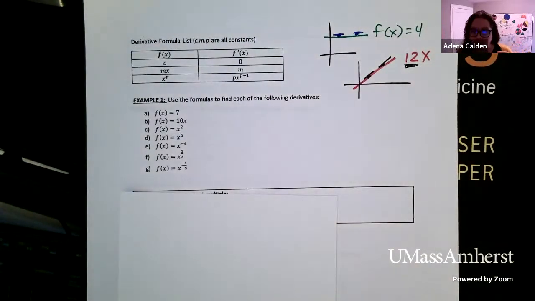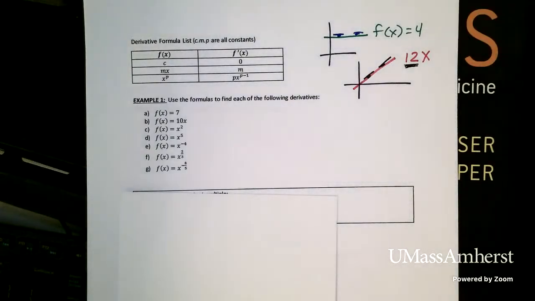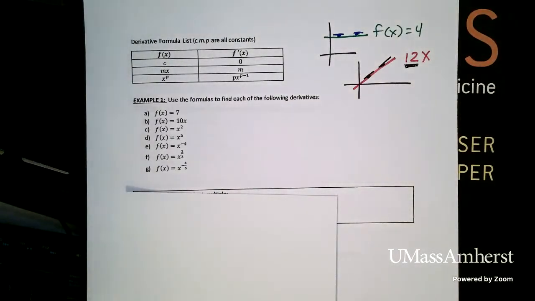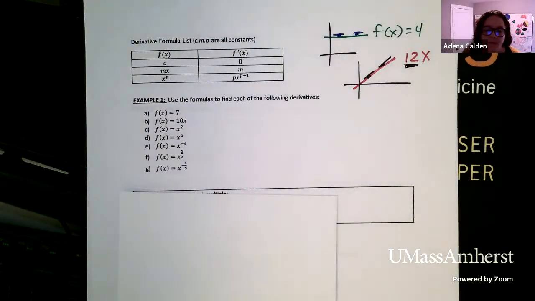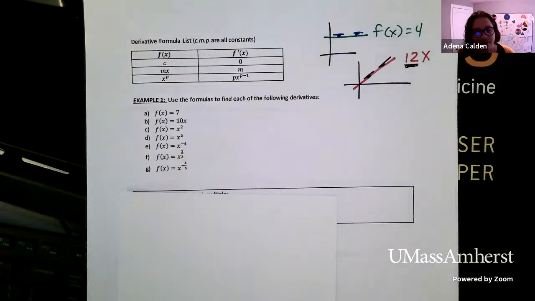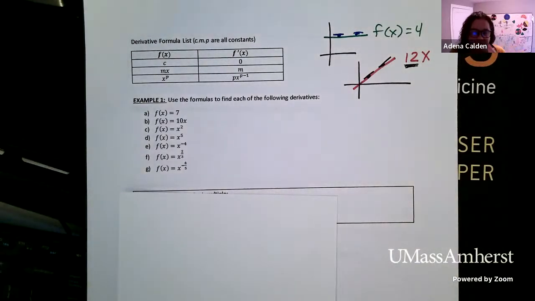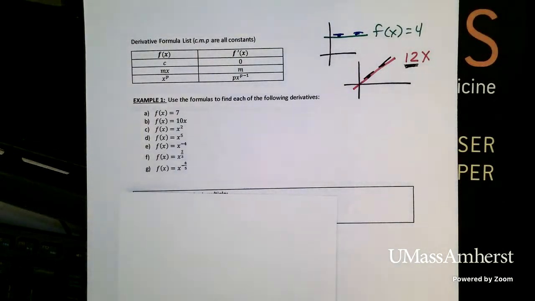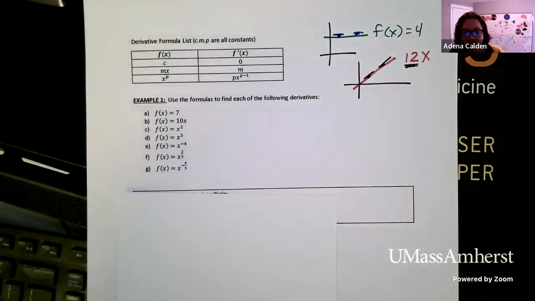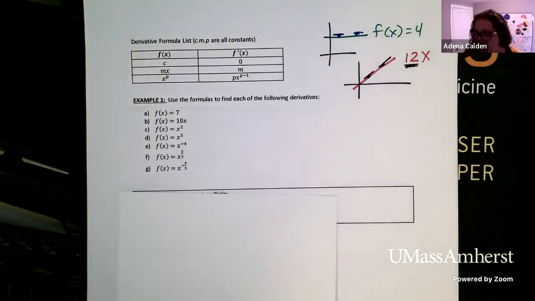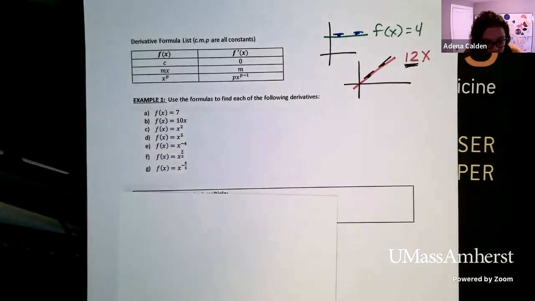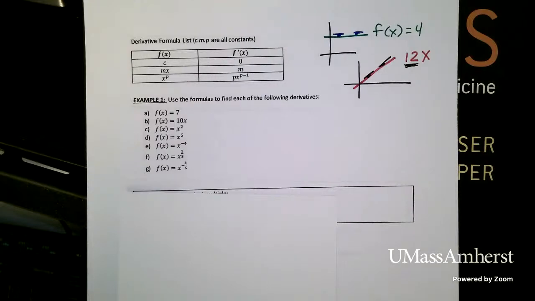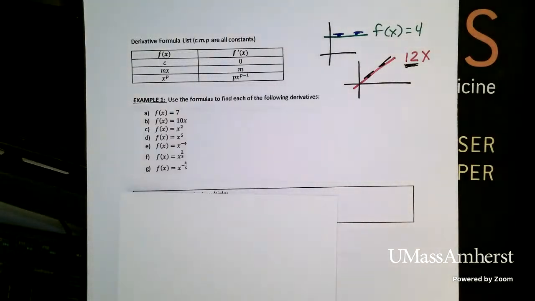We can see those pretty well visually, but our third formula is not as well represented graphically, so we sort of have to trust the process and that this pattern is okay for us. When you have x raised to some power, so that could be power 1, 2, 3, any number, the derivative ends up being p x to the p minus 1. What does that look like in terms of a process?